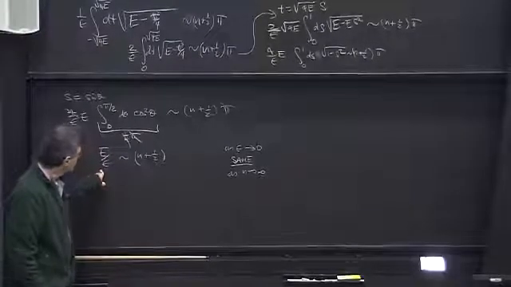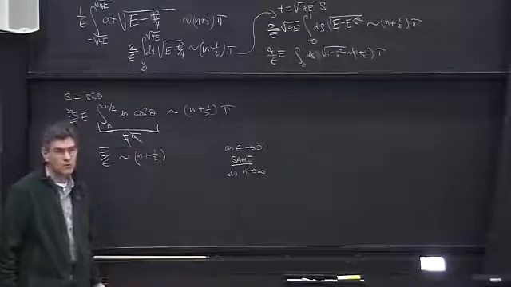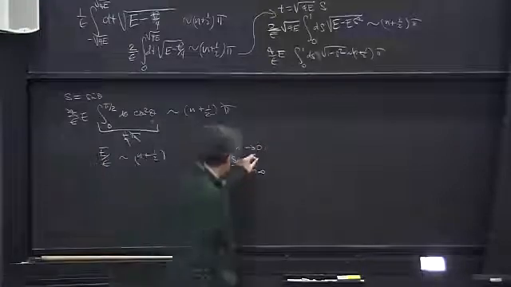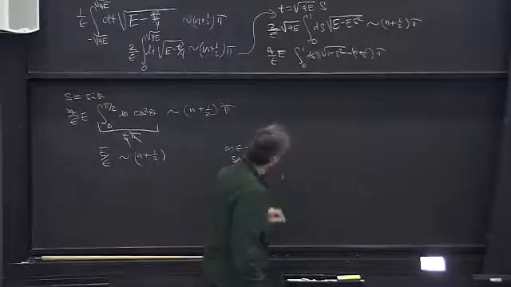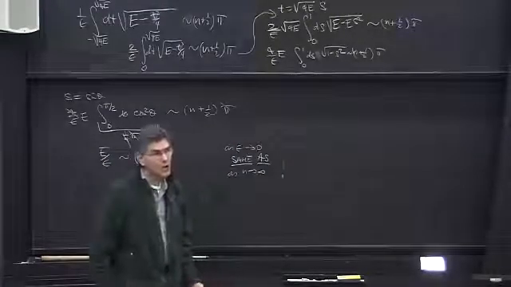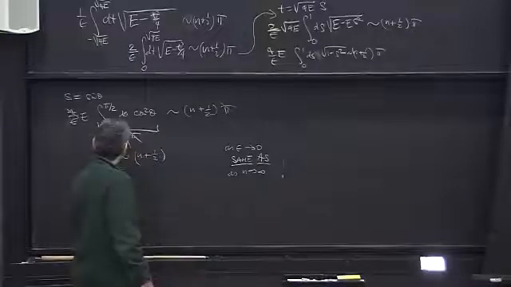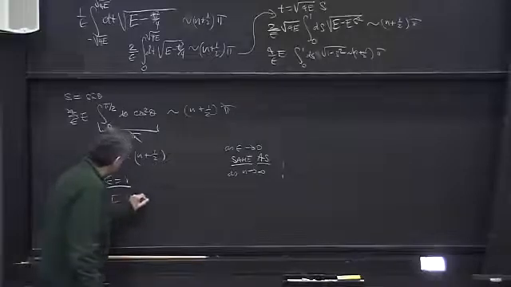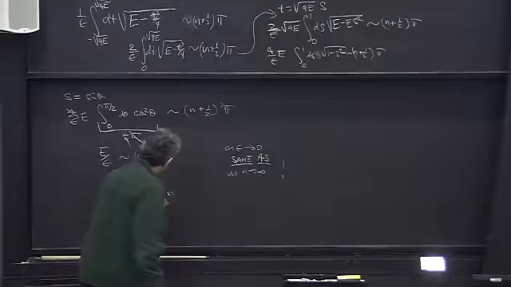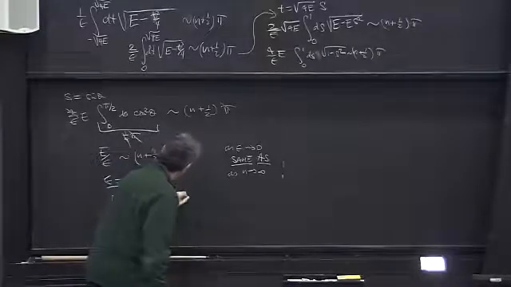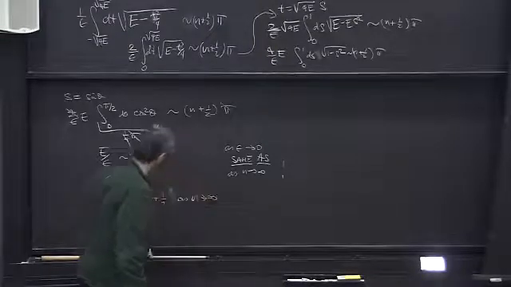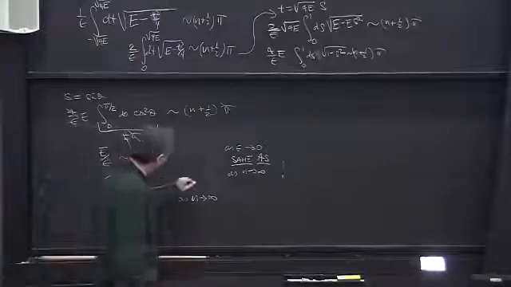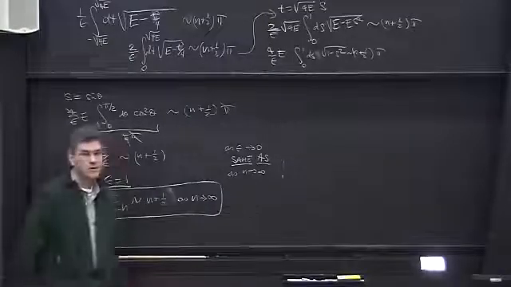But for fixed epsilon, it will become big as n goes to infinity. These are equivalent limits. And therefore, why not just set epsilon equal 1 and take the limit as n goes to infinity? And that's the result for the harmonic oscillator.